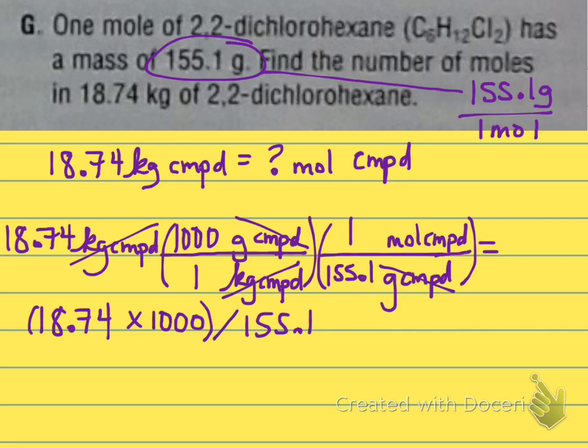And I should have 4 significant figures. My calculator gives me a big long decimal number, and with 4 significant figures, it's going to be 120.8 moles of our compound.